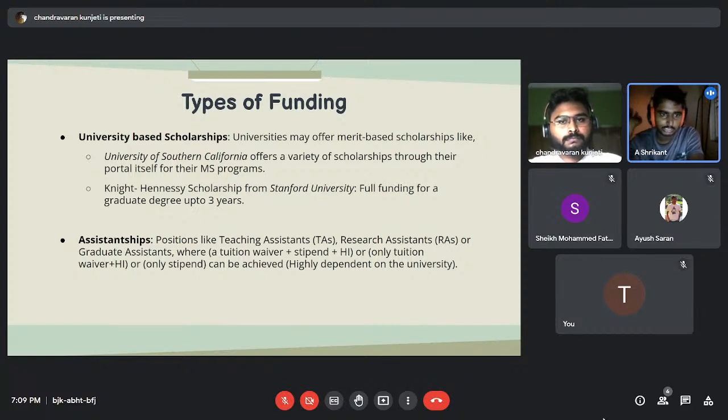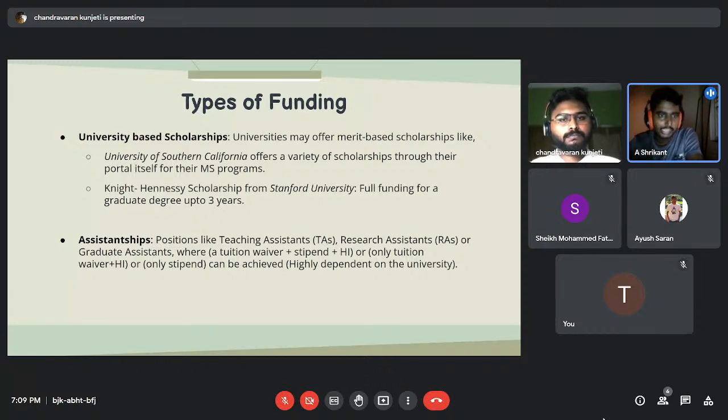So work is there, but it's very rewarding, because generally these assistantship positions come with a tuition waiver and a stipend, plus health insurance covered. Or in some universities, you might find there is only stipend plus health insurance, or in some universities just stipend.